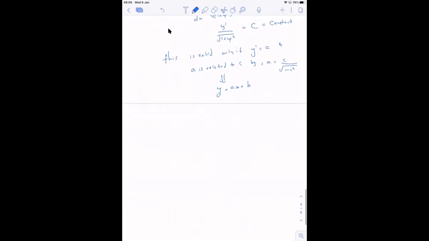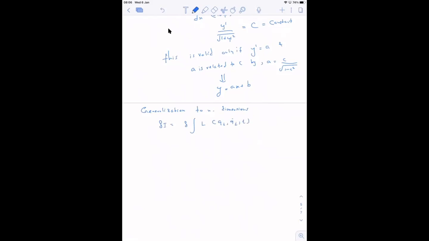So let me just write it here, so that the n-dimensional proof will give you the general Lagrange equation. This will be the generalization to n dimensions. If I write the variation, that will be delta of the integral of L of q_i, q_i dot, t.